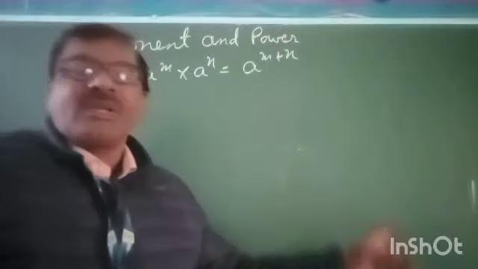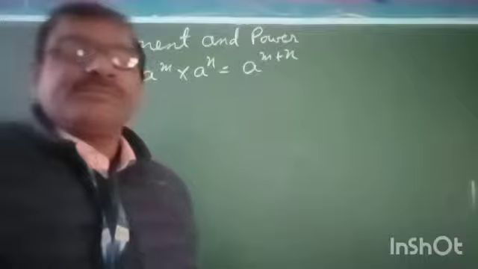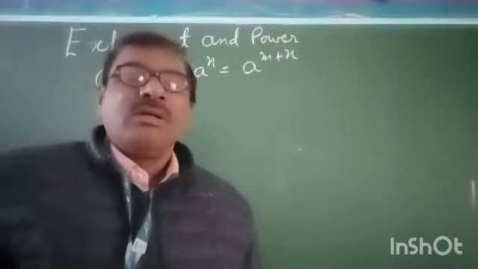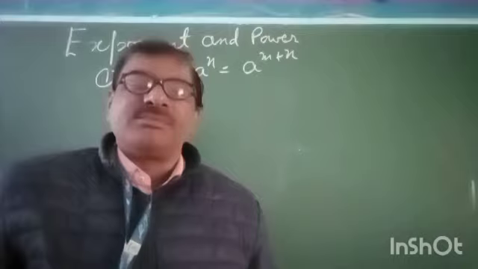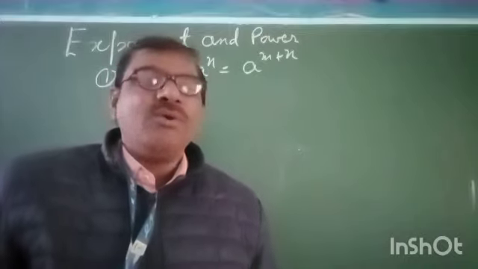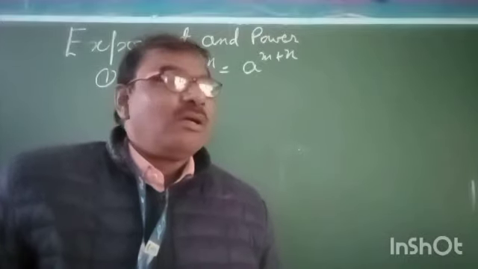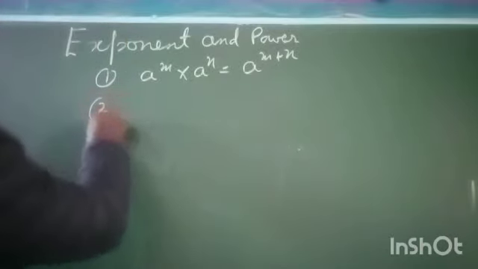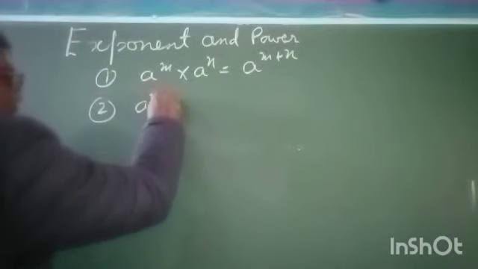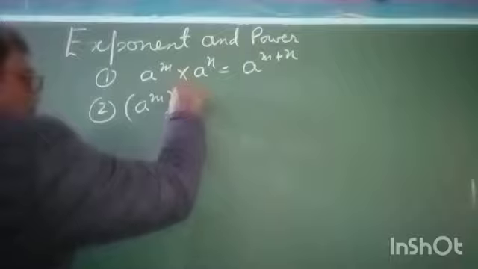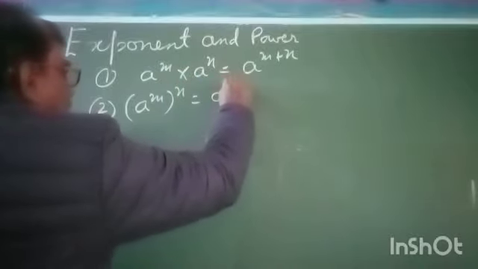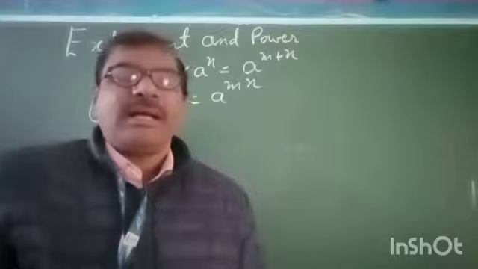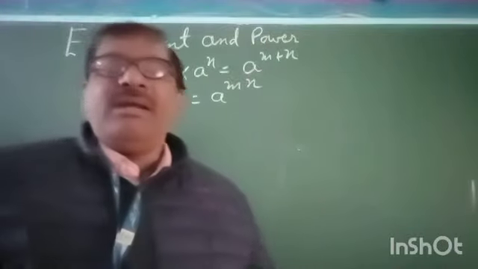Here a is a non-zero rational number. Now the second law is a to the power m whole to the power n equals a to the power mn. Here mn means m multiplied by n.